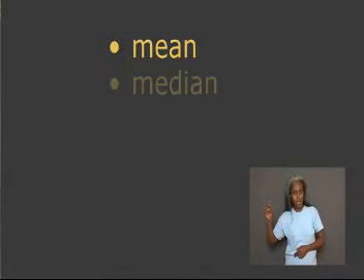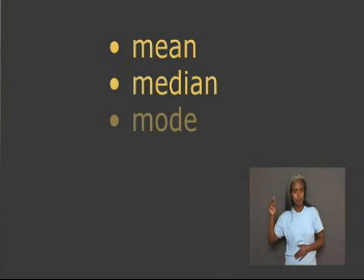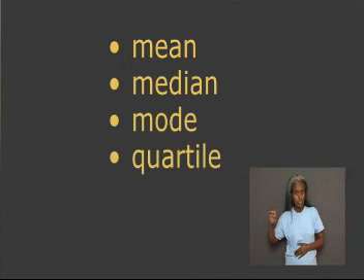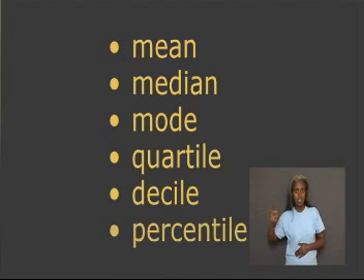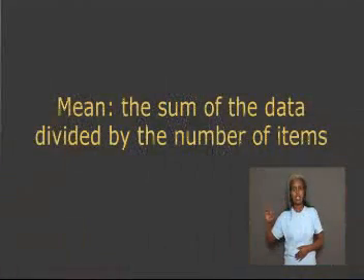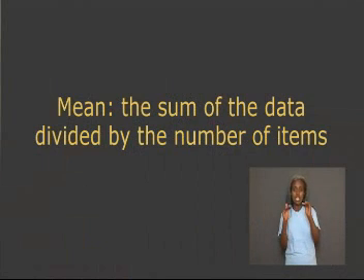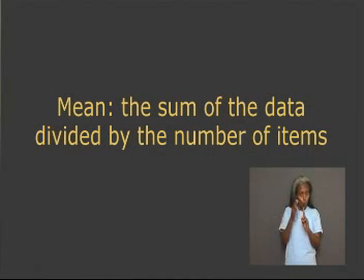The most commonly used averages are the mean, the median, the mode, the quartile, the decile, and the percentile. We will begin by learning how to calculate the mean. The mean of a set of data is equal to the sum of the data divided by the number of items contained in the data set.